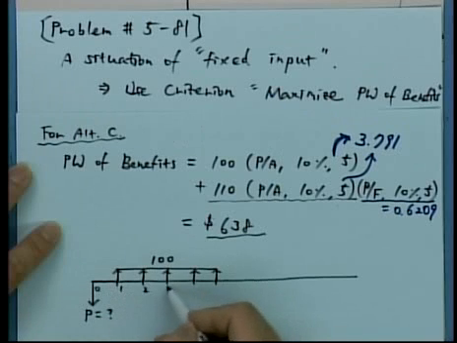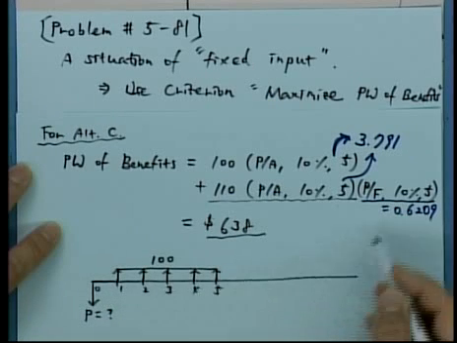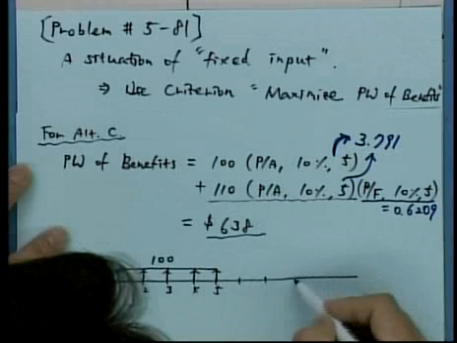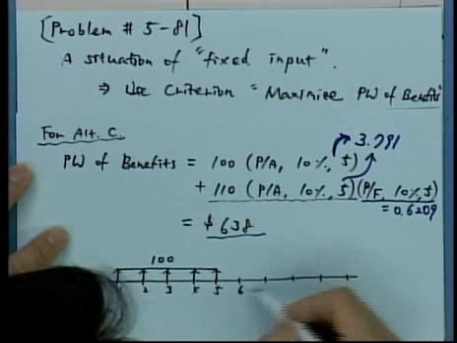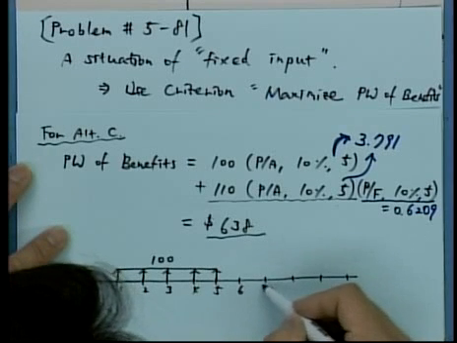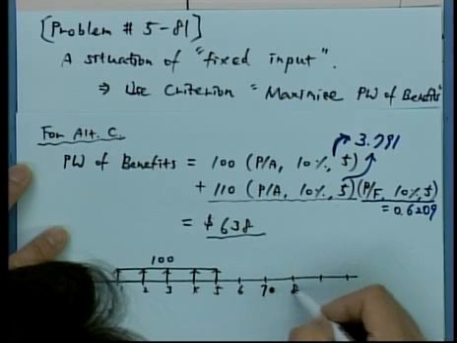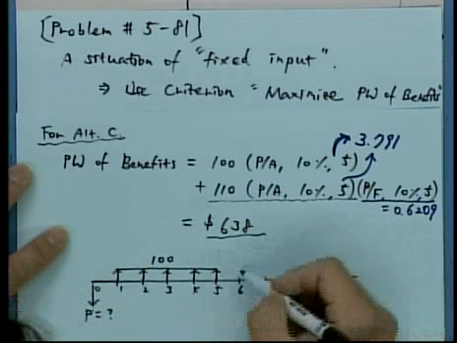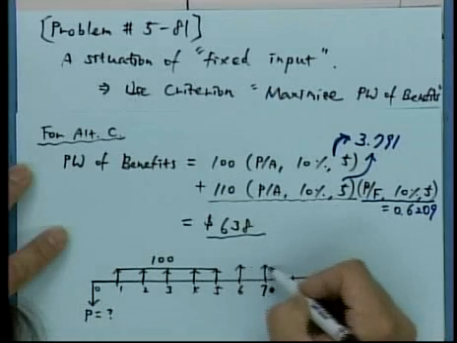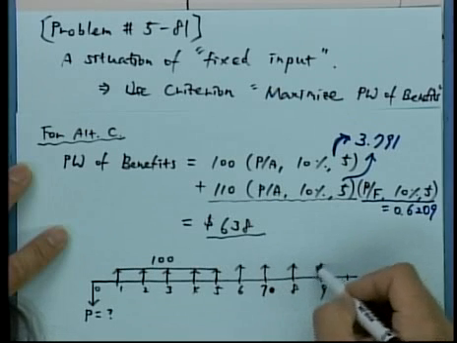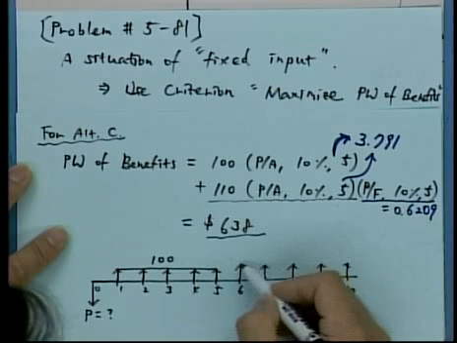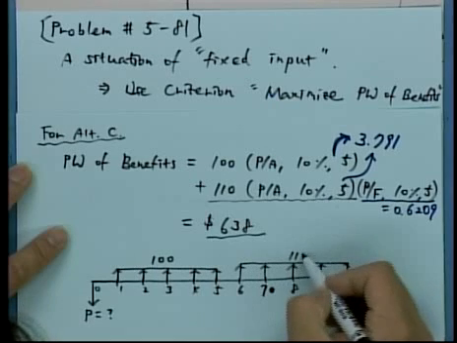Then years 6 through 10, the uniform series of $110.